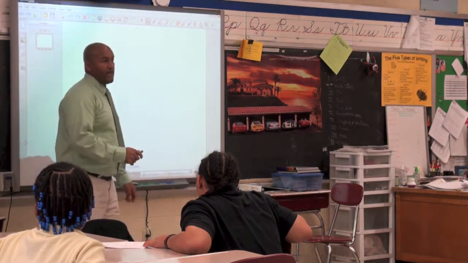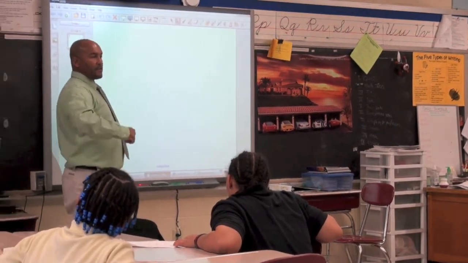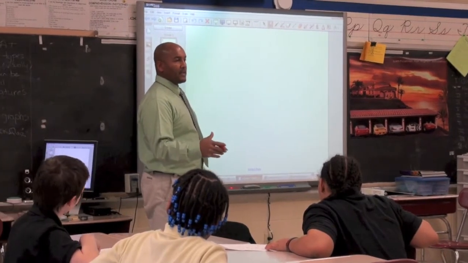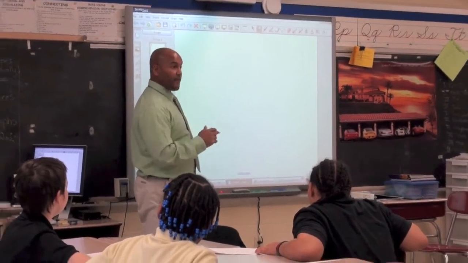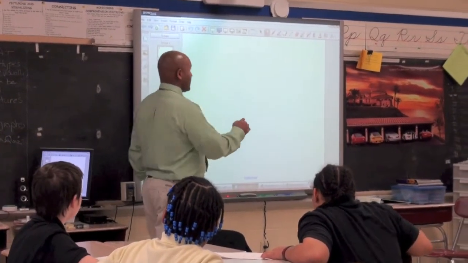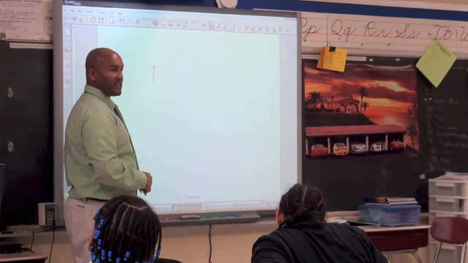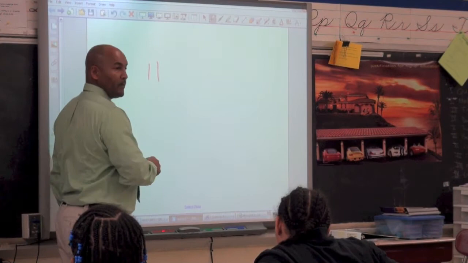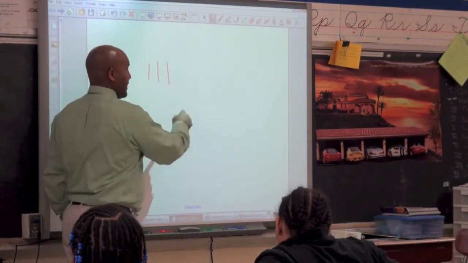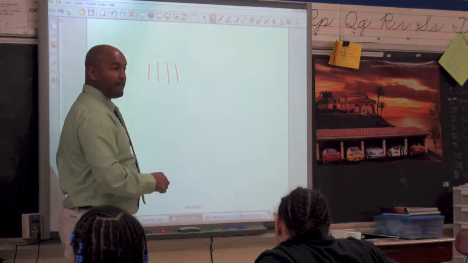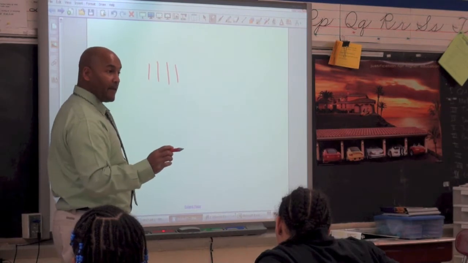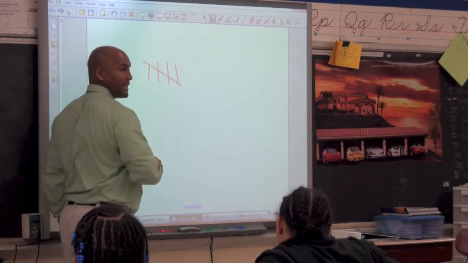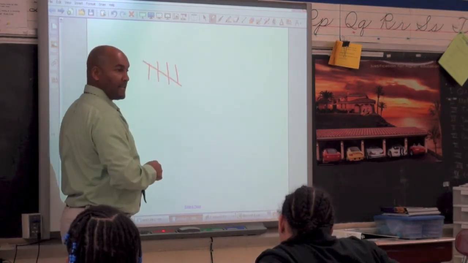So when we use tally marks, if I ask a question, in order to get all the data from everyone, I can't write names, so I make a little mark that looks like this. And that means one person. And this may mean 2 people, and 3 people, and 4 people. Now every time I get to 5, I go across like that. Do you understand?